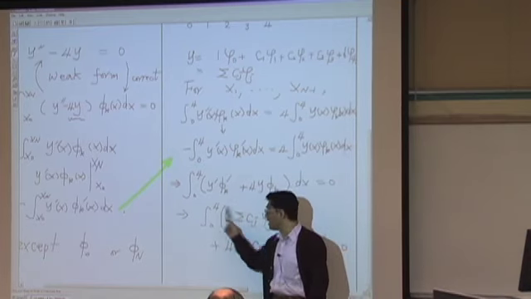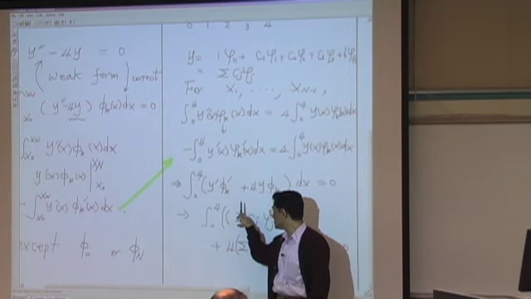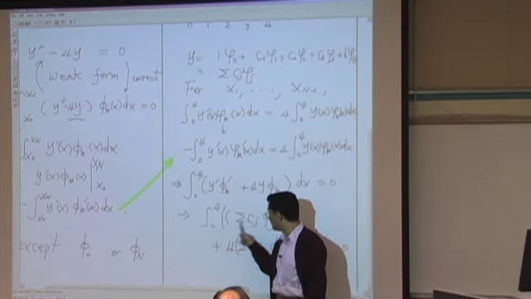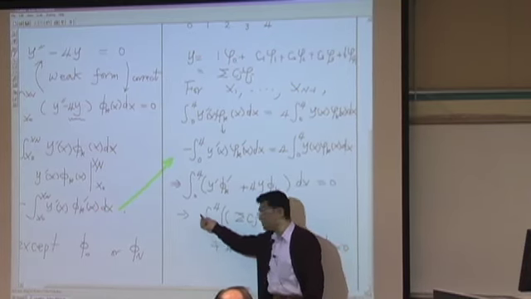Then we can switch the sum and integral. In other words, this sigma can come out, and this sigma can come out of this one.